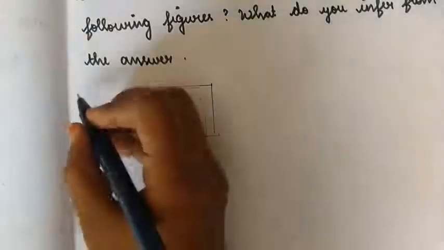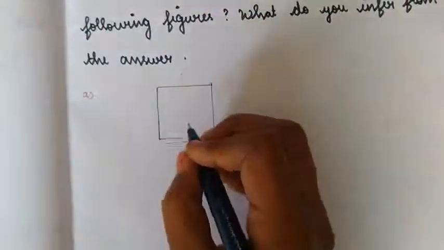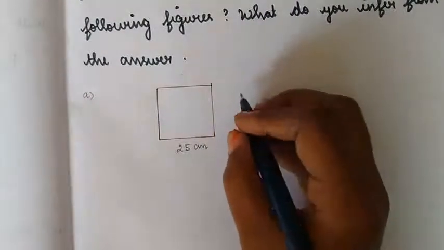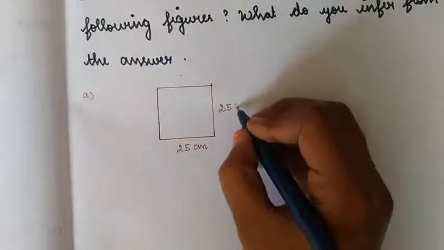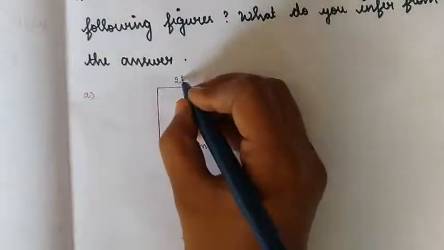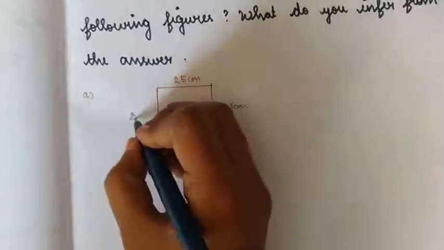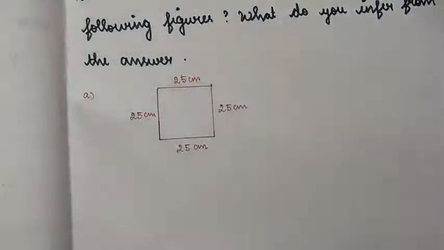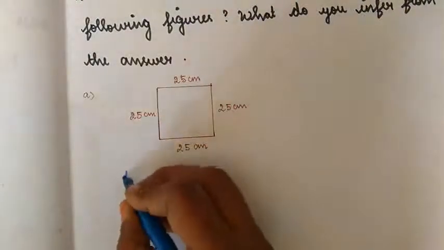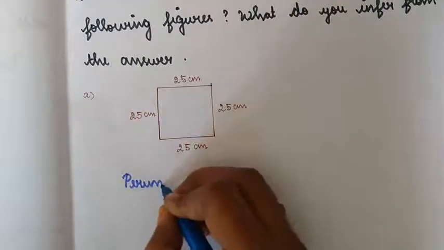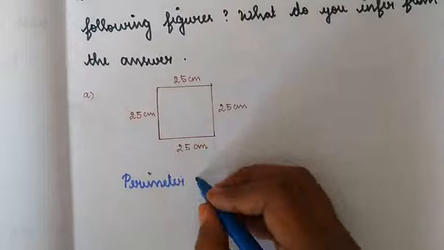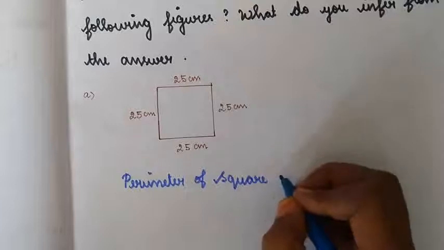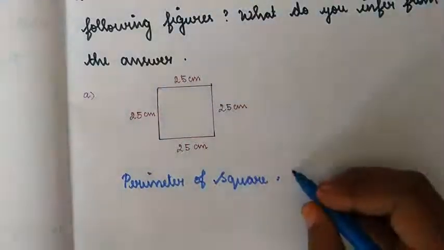Let me take the A subdivision. 25 centimeter, 25 centimeter, 25 centimeter, and 4 sides are equal. So we have to find the perimeter of this square. Perimeter of the square equal to 4 into side.